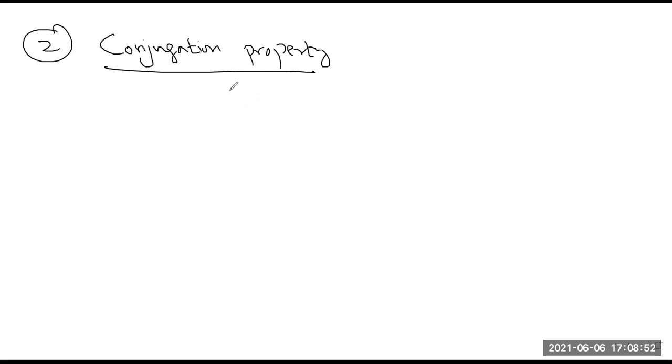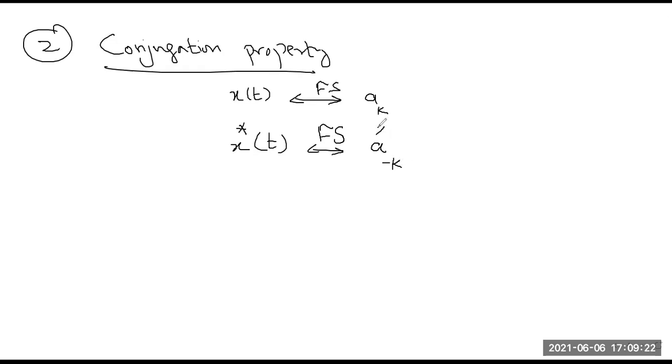According to the conjugation property of continuous time Fourier series, if you have a signal x of t and its Fourier series pair is a sub k, and you take the complex conjugate of the signal, let's represent it with x conjugate t, then according to this property the Fourier series pair of this new signal will be equal to a sub minus k conjugate.